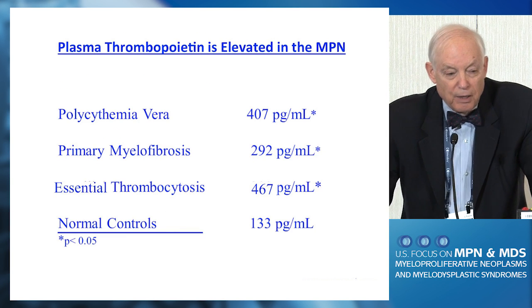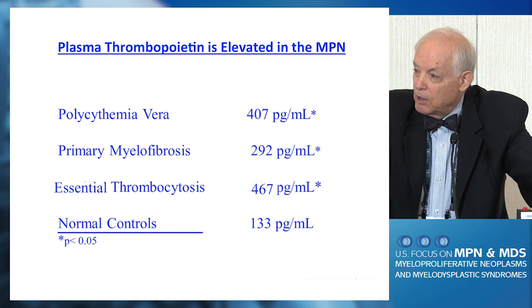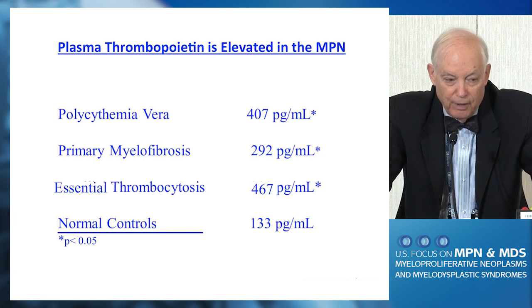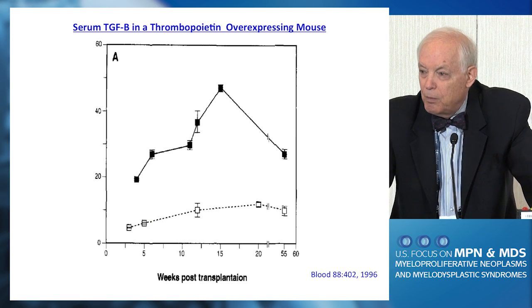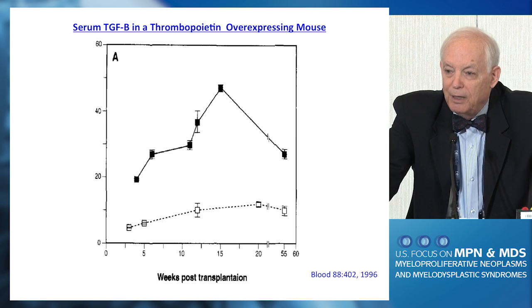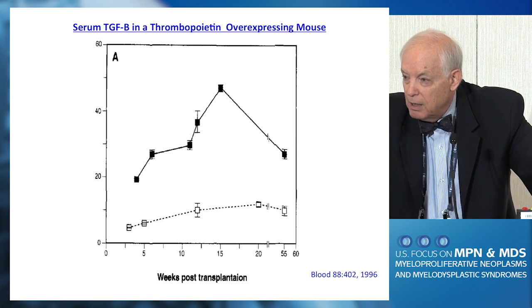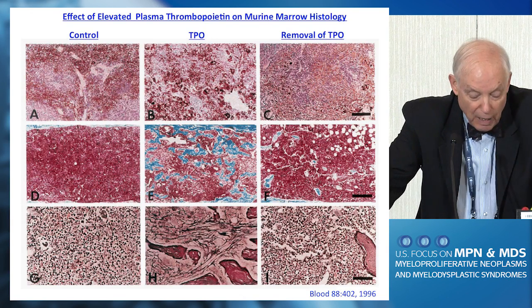Now, what else do we know about the MPN? We know that in each MPN, and we don't have time to go into this today, plasma thrombopoietin levels are elevated. So what does thrombopoietin do? Well, thrombopoietin increases TGF-beta. And what does TGF-beta do? TGF-beta causes marrow fibrosis.